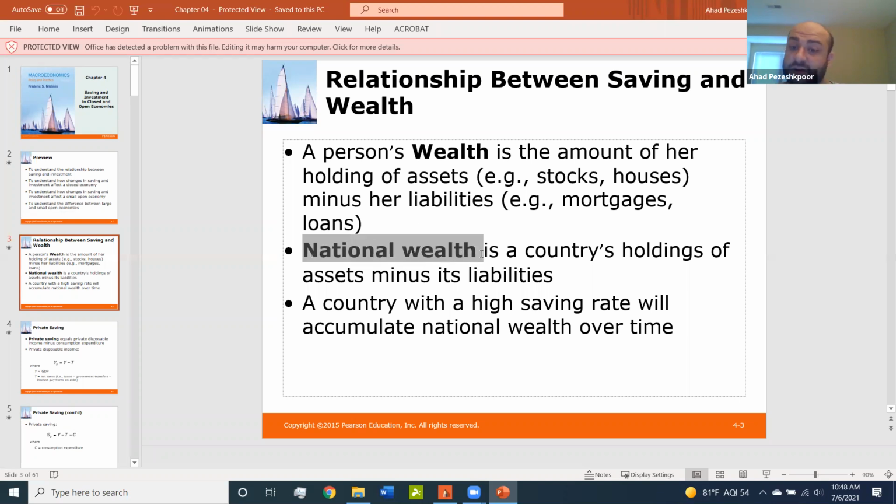National wealth of a country is a country's holding of assets, everything the country has, minus its liabilities. For example, in Venezuela, the government almost defaulted on its debts. The country couldn't pay back all the debt they owed to others.